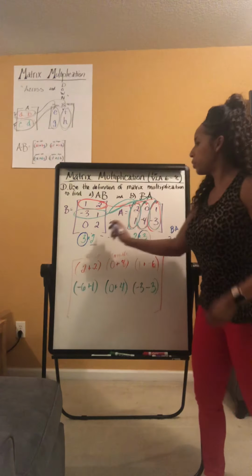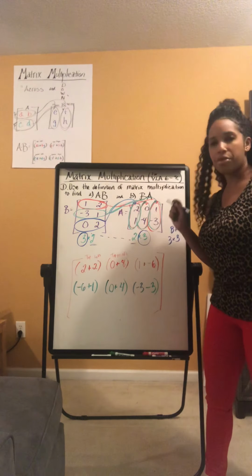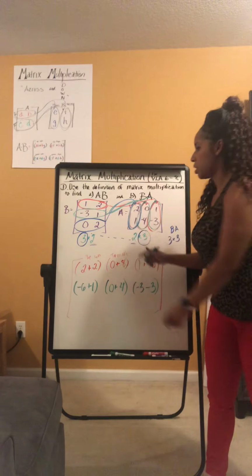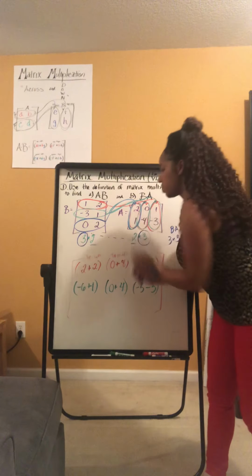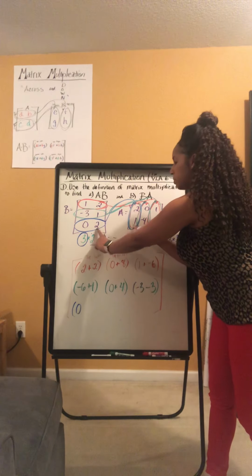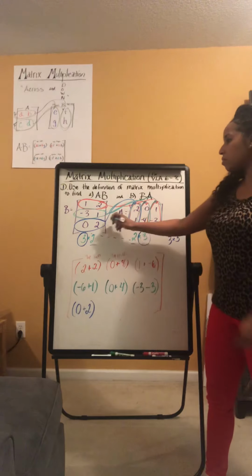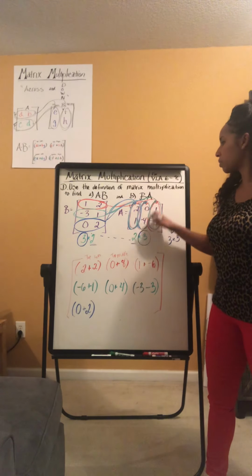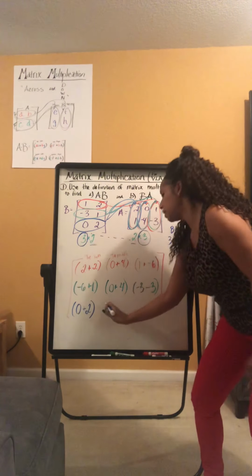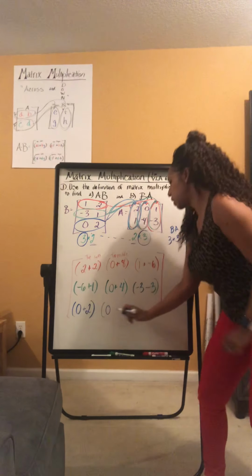Now it is the bottom row's turn to be distributed to all 3. The 0 gets multiplied with the 2: 0 times 2 is 0, and then 2 times 1 is 2. To the middle: 0 times 0 is 0, 2 times 4 is 8.